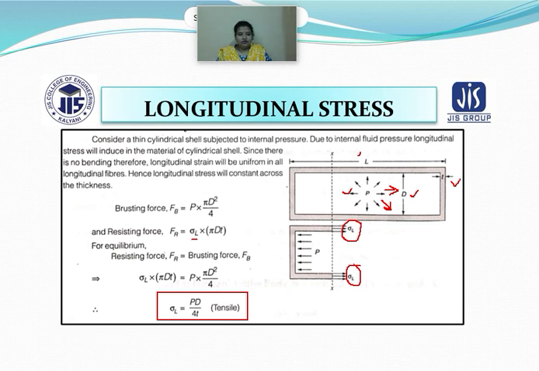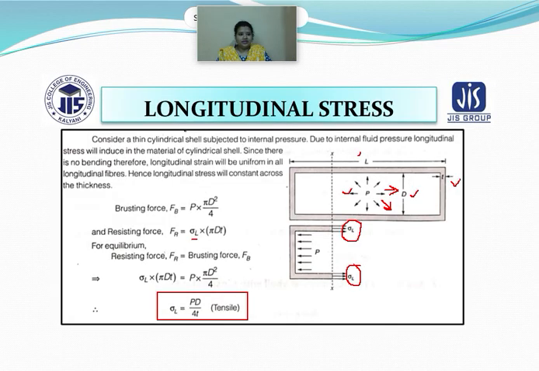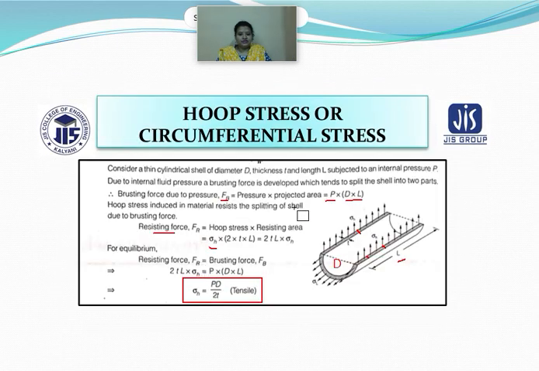So have a look here. I have already told you that for longitudinal stress the value is PD by 4T, and for hoop stress the value of sigma H is P into D by 2T.